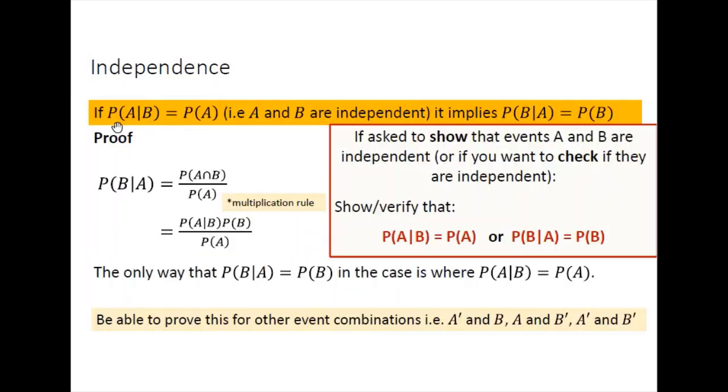Now we want to show that if the probability of A given that B is equal to the probability of A, then the probability of B given that A is equal to the probability of B. So one of them is an assumption and the other one we should prove.